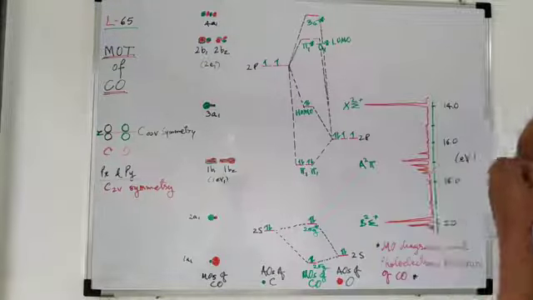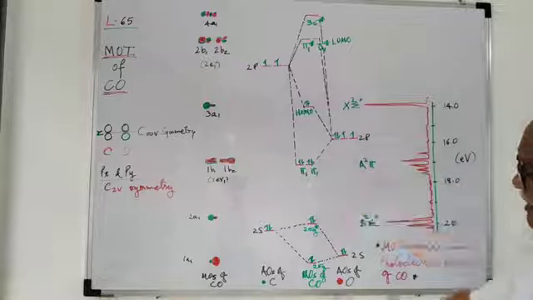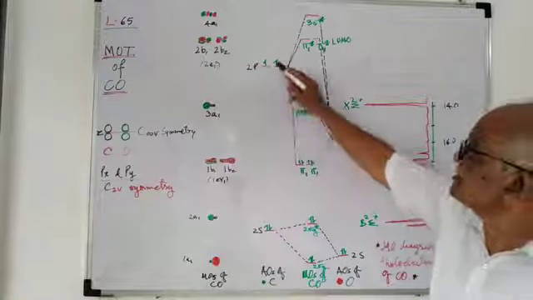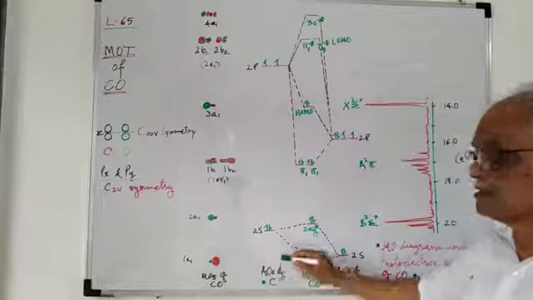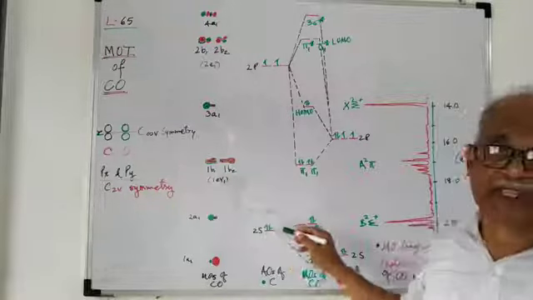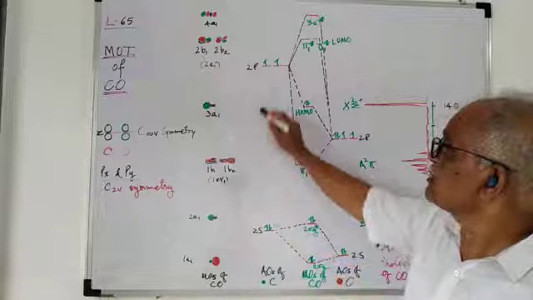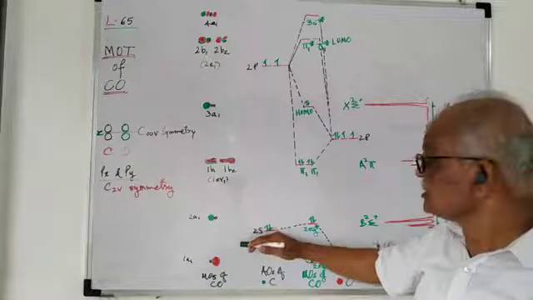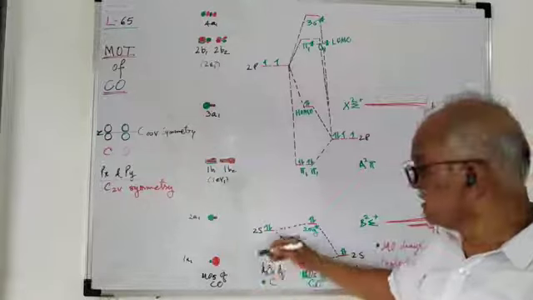Now if we see this molecular orbital diagram, you will find the atomic orbitals represented here for carbon. We are considering only the valence shell, not the inner shells like 1s.